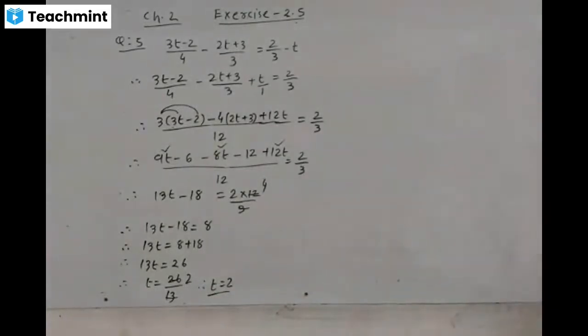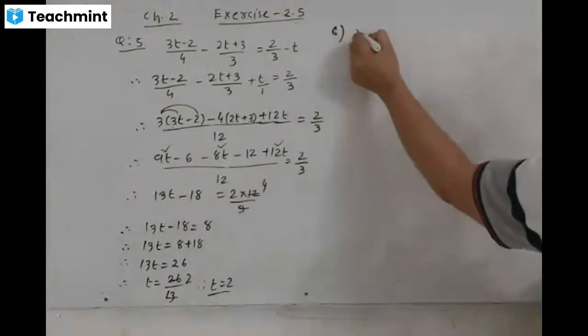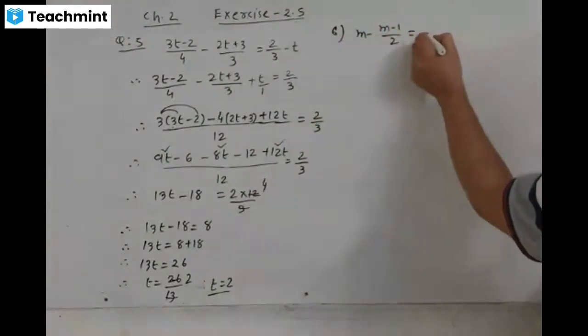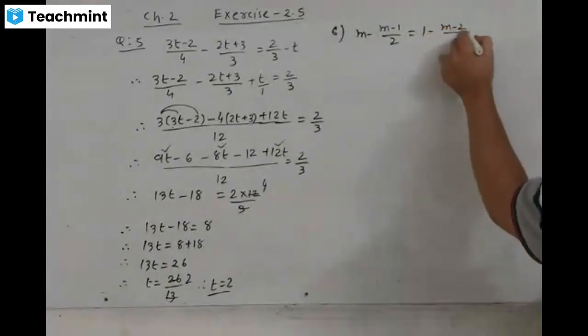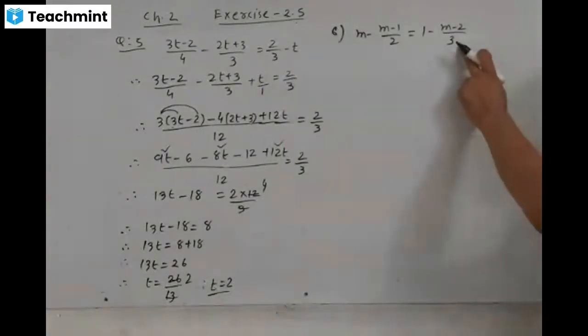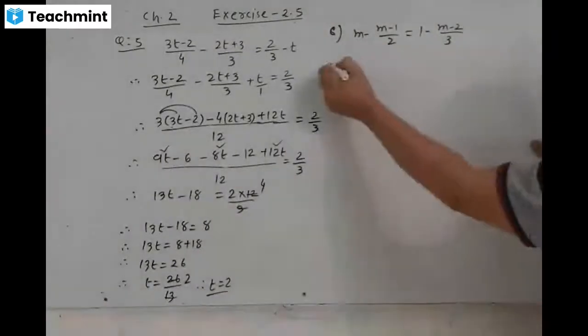So question number 6. m minus 1 by 2, that is equal to 1 minus m minus 2 by 3. First variable term convert to variable term. So minus m minus 2 by 3, that convert into left hand side.